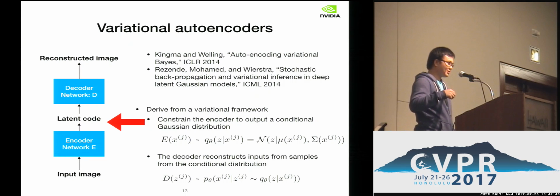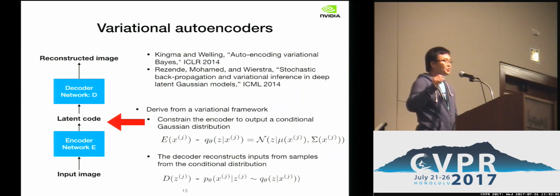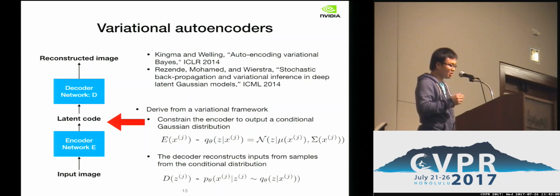What they are doing is trying to give a probabilistic interpretation of the latent code. So we want to embed the probability modeling of the Gaussian mixture model into the autoencoder training.